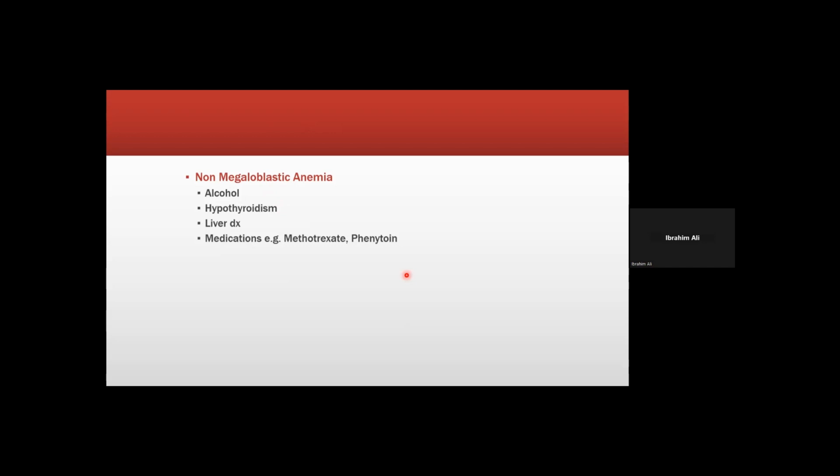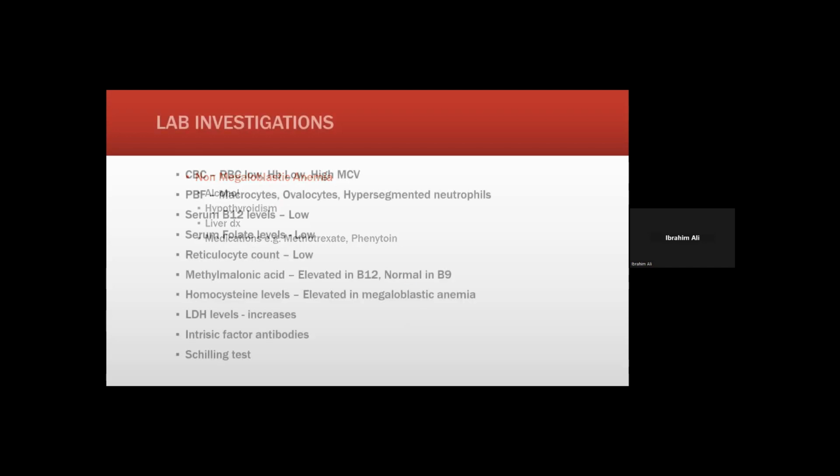So the investigations that you can do in this case, and what you can see. By the way, this kind of question most of the time comes in essays and also in the spot. After they give you the picture, they will ask you what investigation you can do.